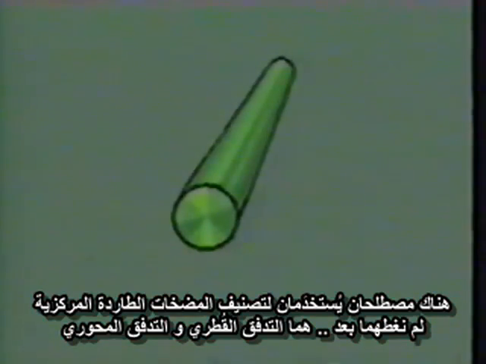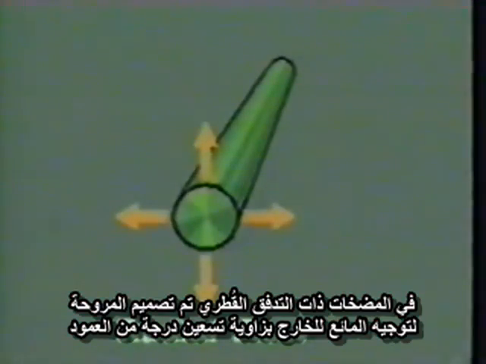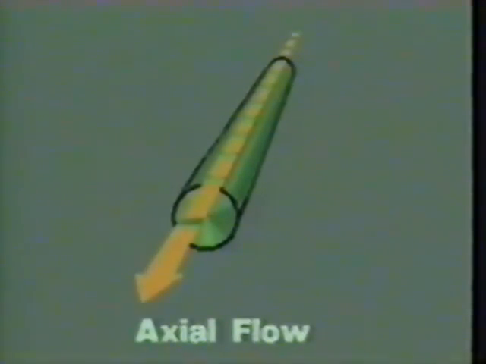A couple of terms used to classify centrifugal pumps that we haven't covered yet are radial flow and axial flow. In radial flow pumps, the impeller is designed to direct the fluid out at a 90-degree angle from the shaft. In axial flow pumps, the path is parallel to the shaft.